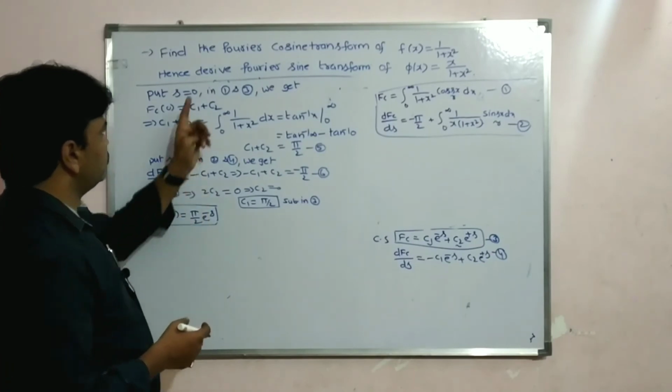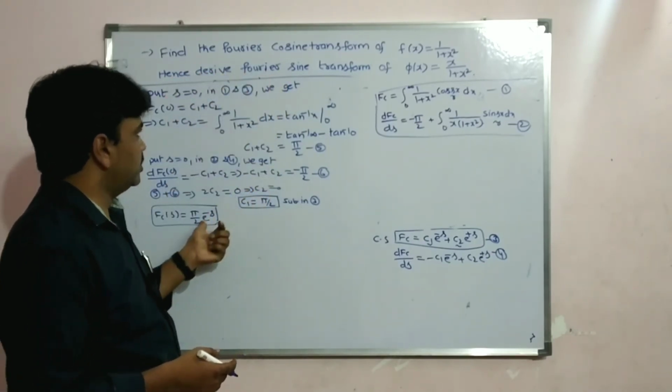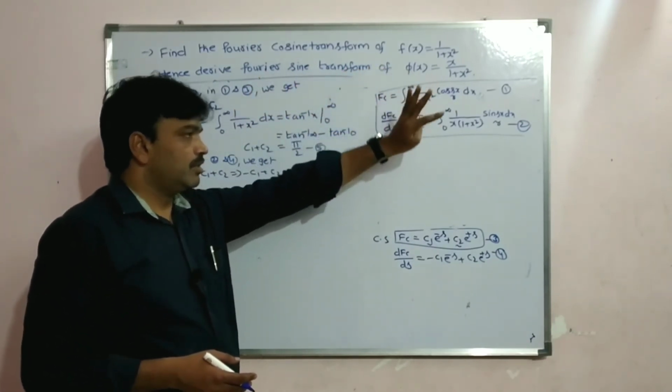Okay students, now see what is mentioned: hence derive, that means using this result, find the Fourier sine transform of phi of x equal to x by 1 plus x square.